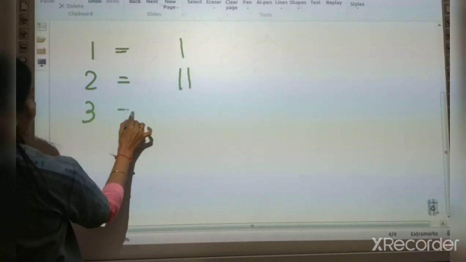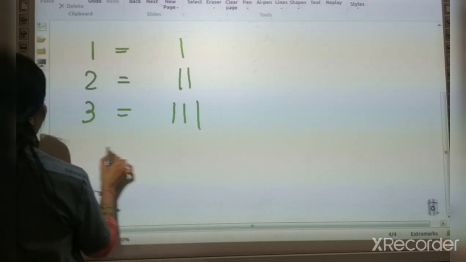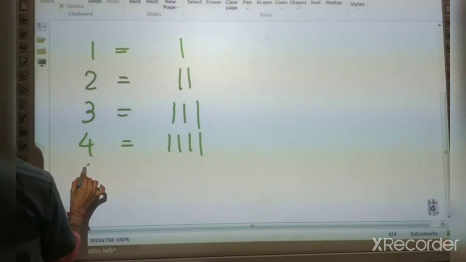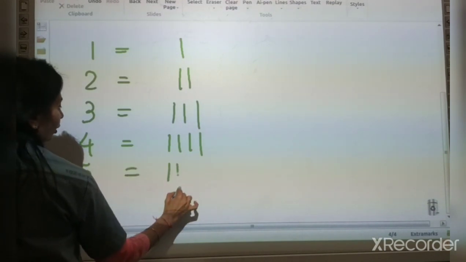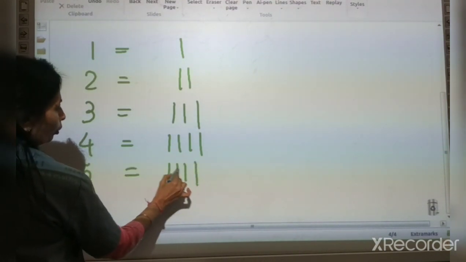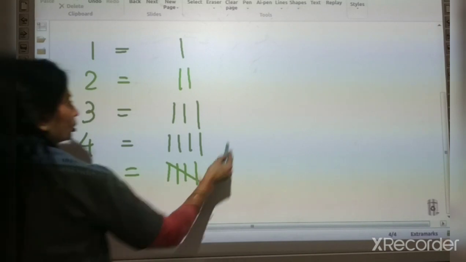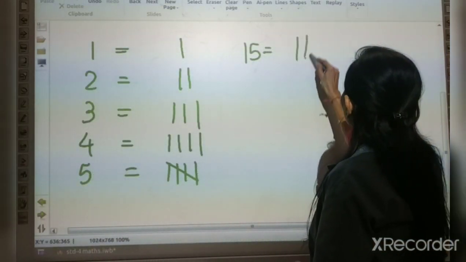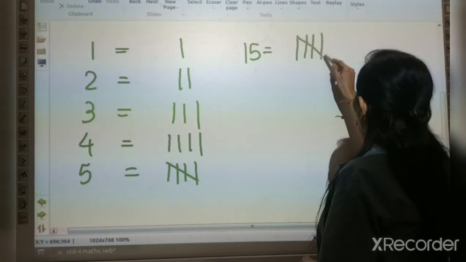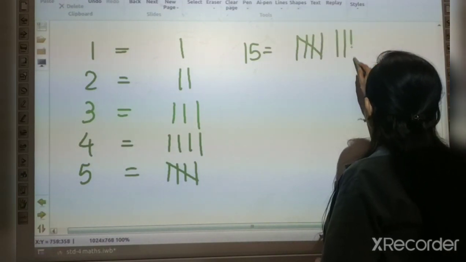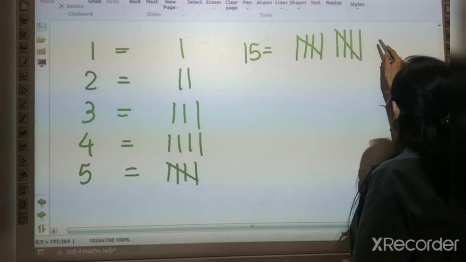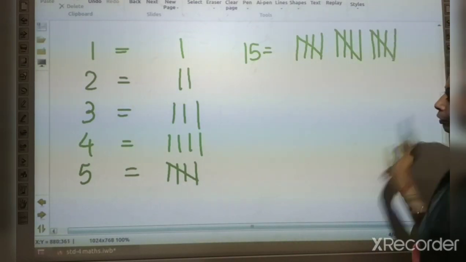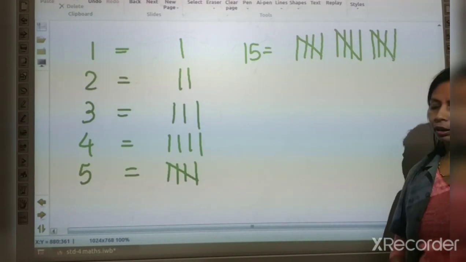Now 3. Then 1, 2, 3, 4, and 5, you write like this. Suppose 15 is given, so you do it like this: 1, 2, 3, up to 15. Now this is called a tally chart.